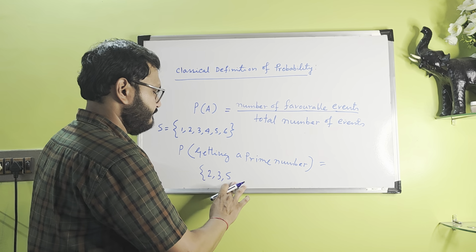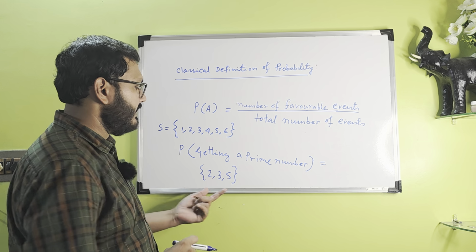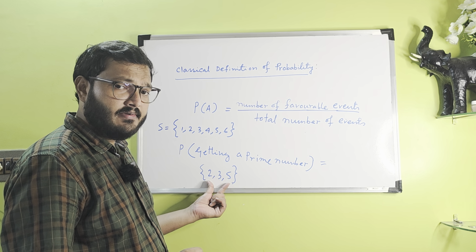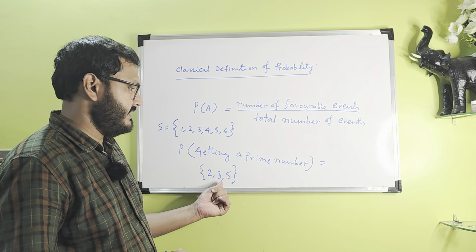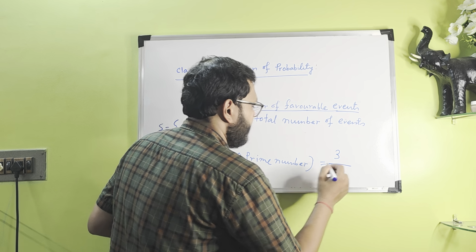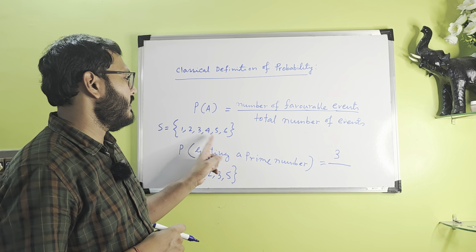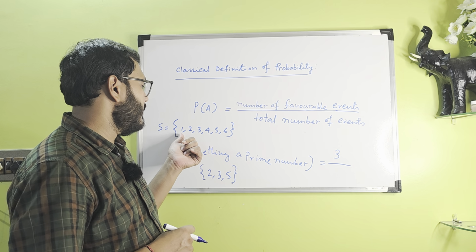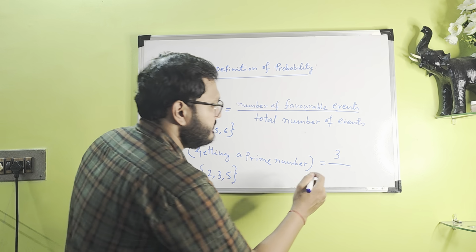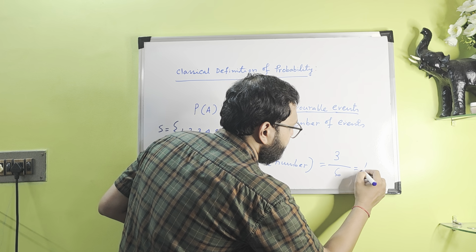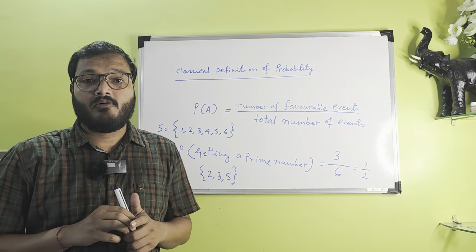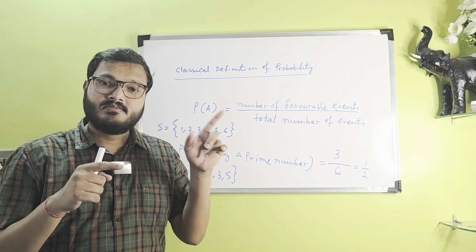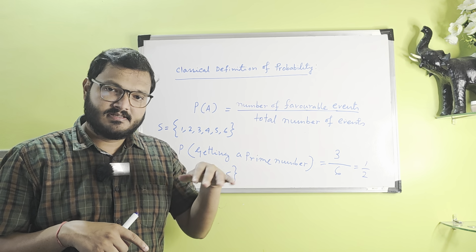These are your favorable events. This is your set of favorable events. So how many are they? 3. In the sample space, how many events are there in total? 1, 2, 3, 4, 5, 6. So 3 by 6. You can make it in the list form. I hope it's clear what probability is. We'll solve sums, and we'll discuss elaborately.